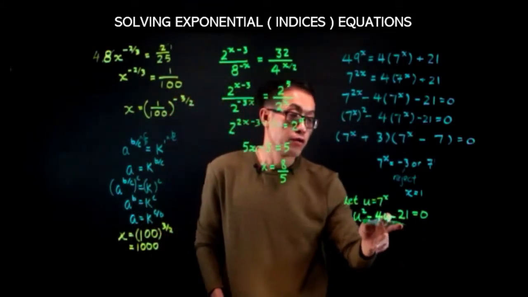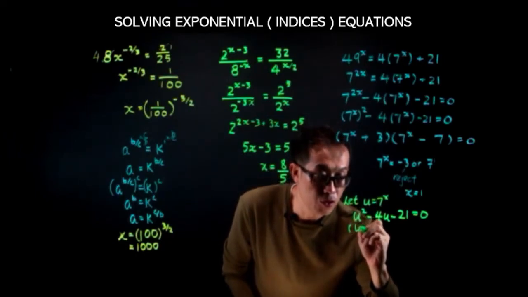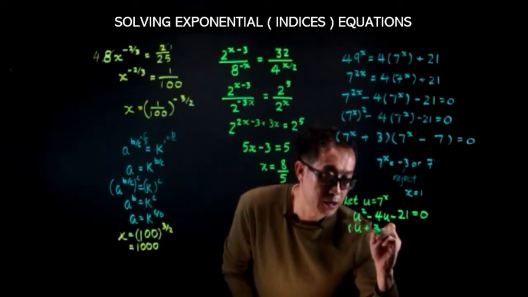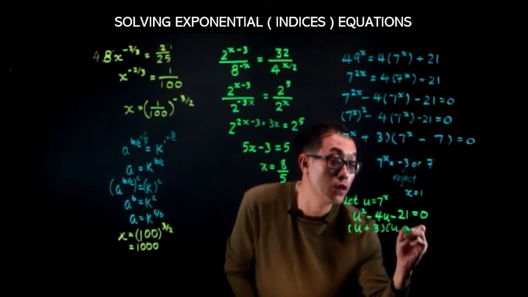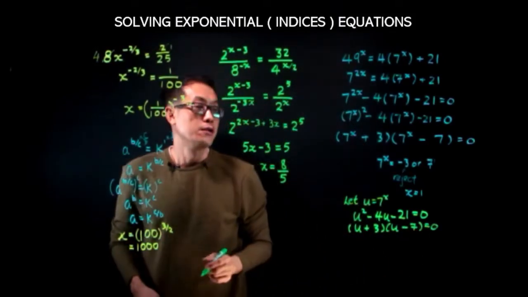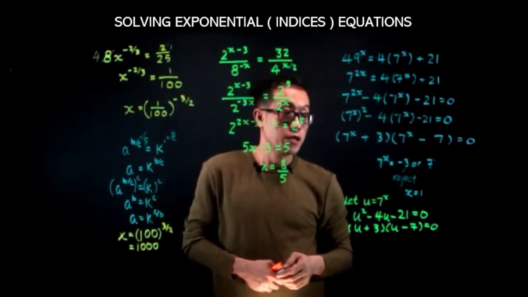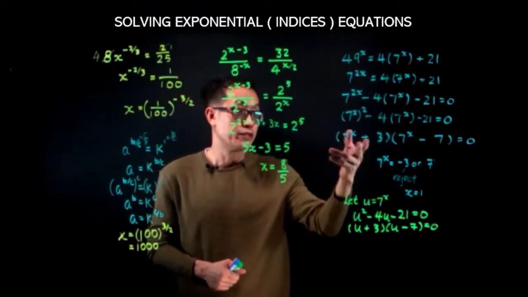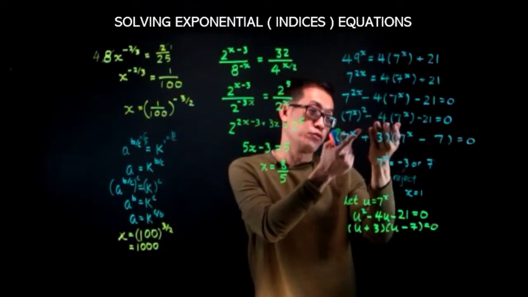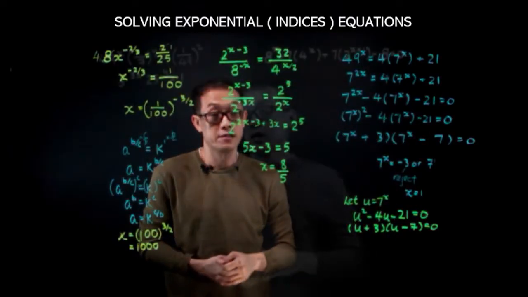Then you can factorize this. You factorize this, you get u plus 3 and u minus 7. Now if you can see, there's no need to do a substitution. For me I prefer not to do a substitution because you really can recognize that it is a quadratic, so we just factorize.